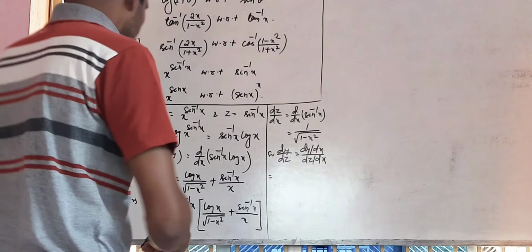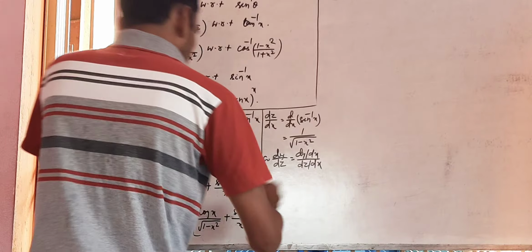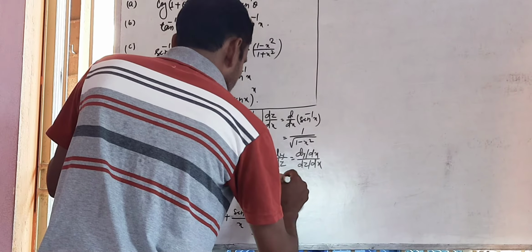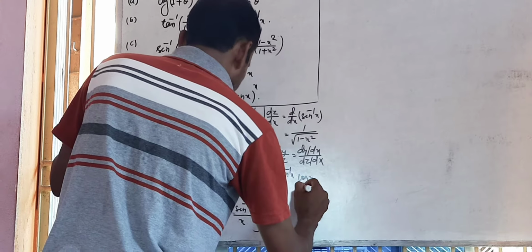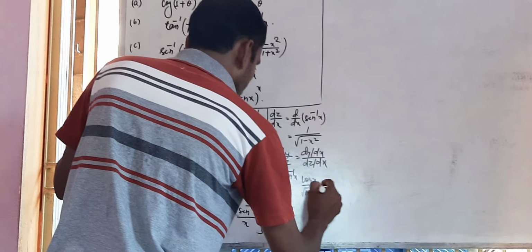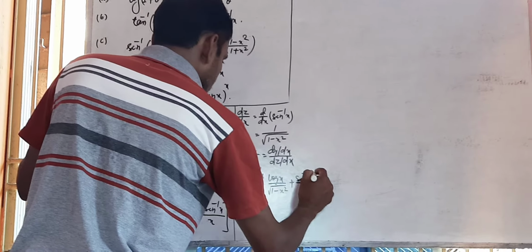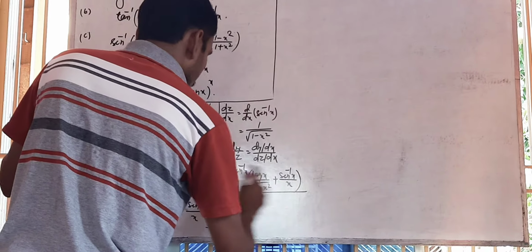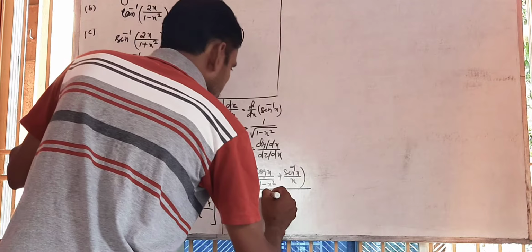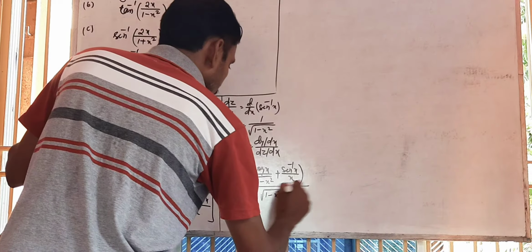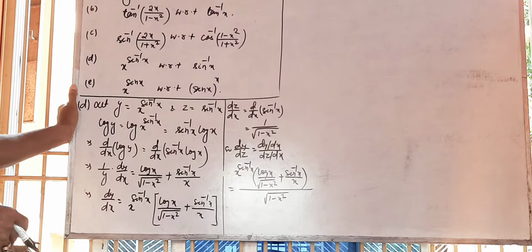This equal to dy by dx is this, okay, and it is x to the power sin inverse x into log x by square root of 1 minus x square plus sin inverse x by x, whole divided by dz by dx, which is 1 by square root of 1 minus x square. This will be the answer.